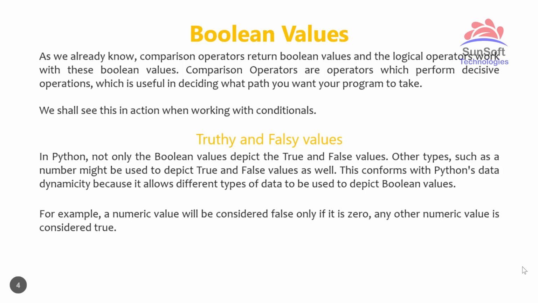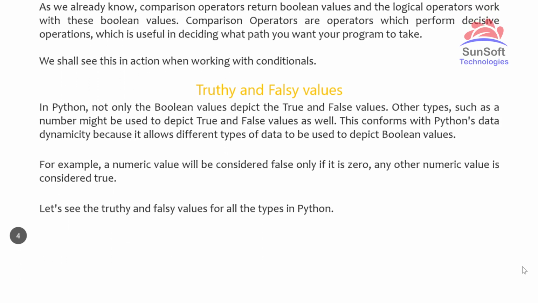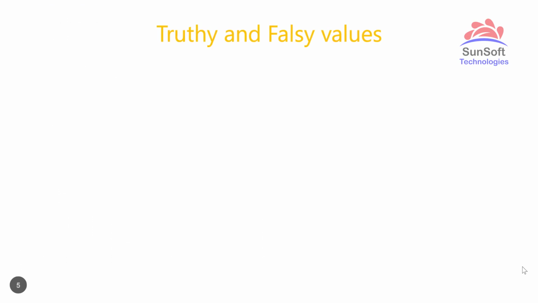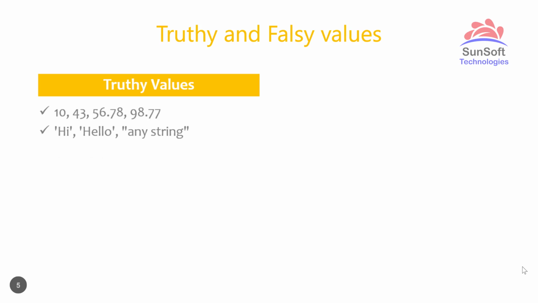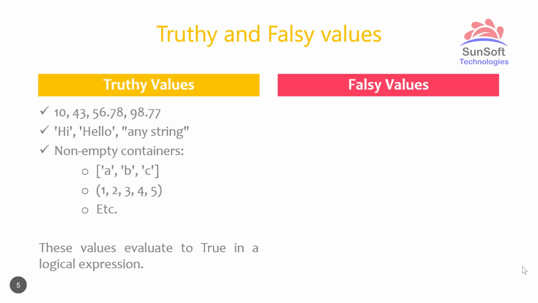Now let's see truthy and falsy values for all the types. Basically any number value, any string value, any non-empty container will all be considered true.